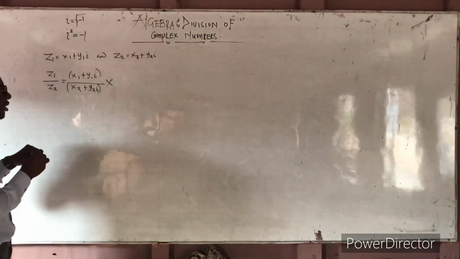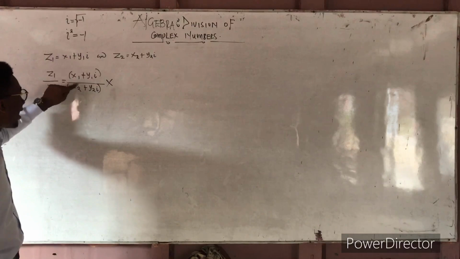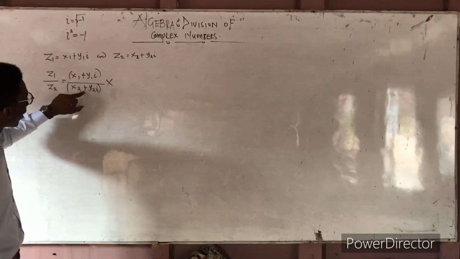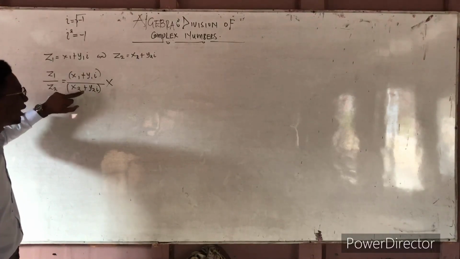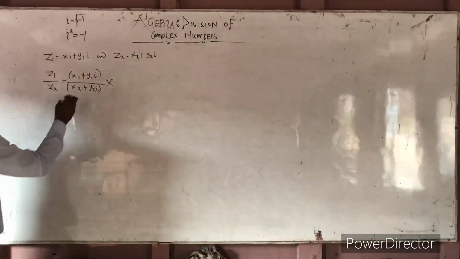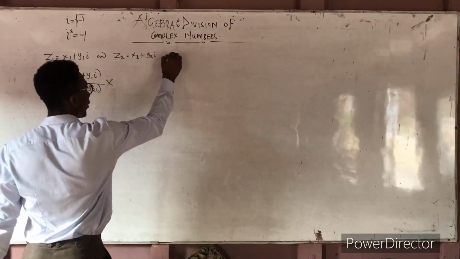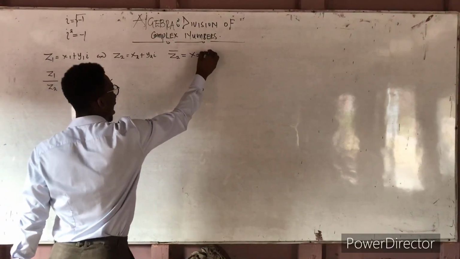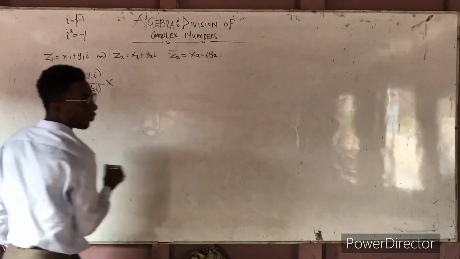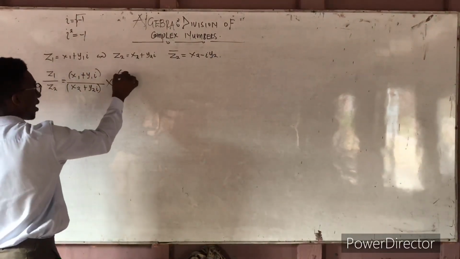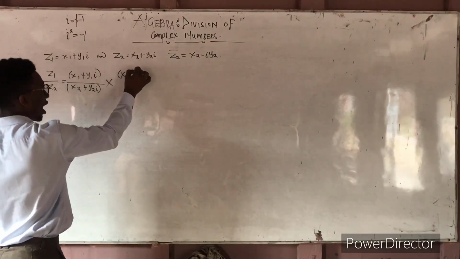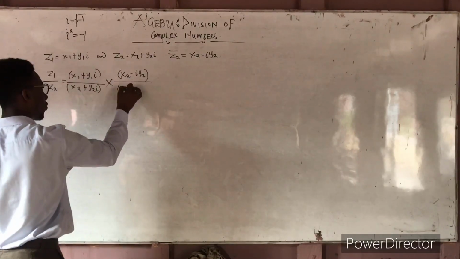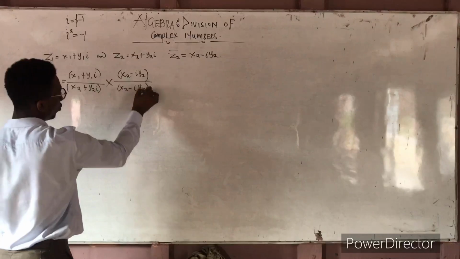And z2 is the denominator, so its complex conjugate becomes x2 minus i y2. So you multiply here by x2 minus i y2, and multiply down here by x2 minus i y2.